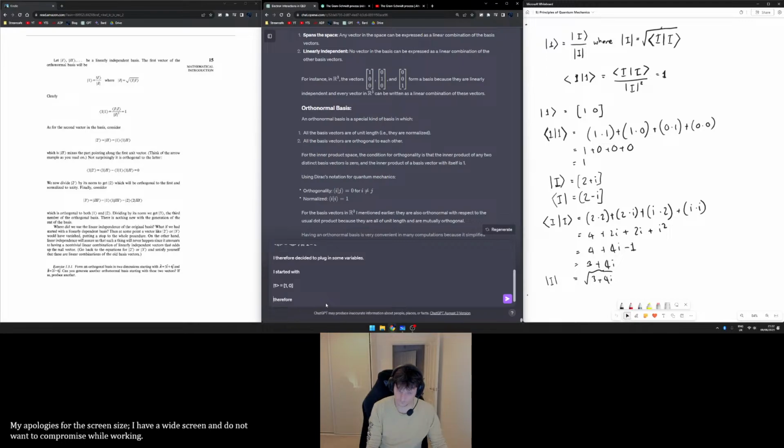Therefore, 1, 1 is equal to 1 times 1 plus 1 times 0 plus 0 times 1 plus 0 times 0, which equals 1 plus 0 plus 0 plus 0, which equals 1.